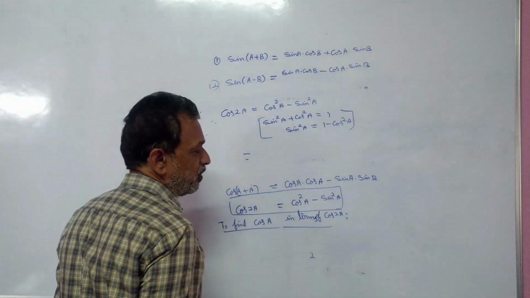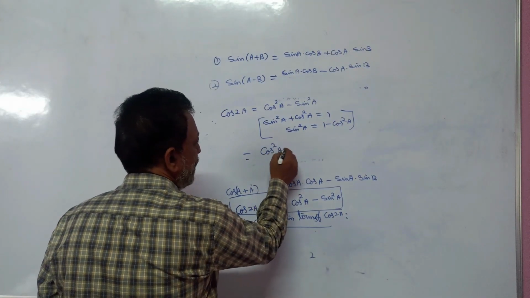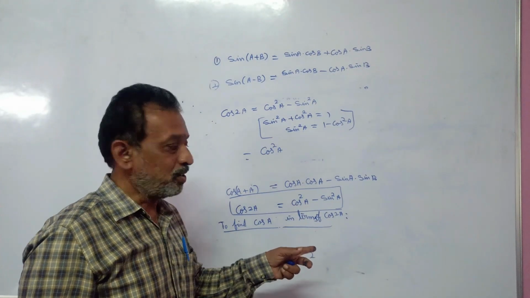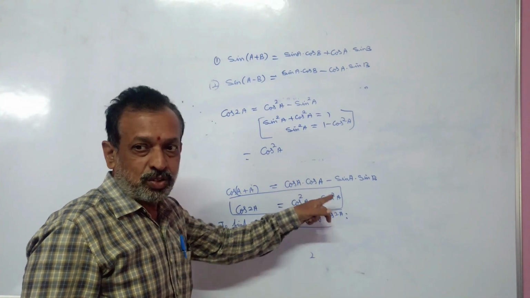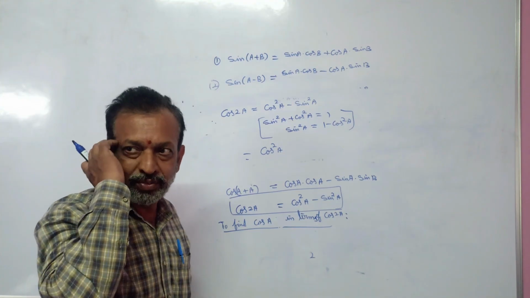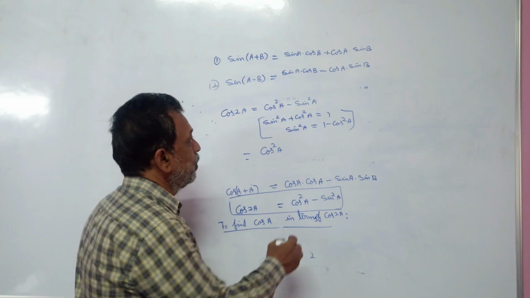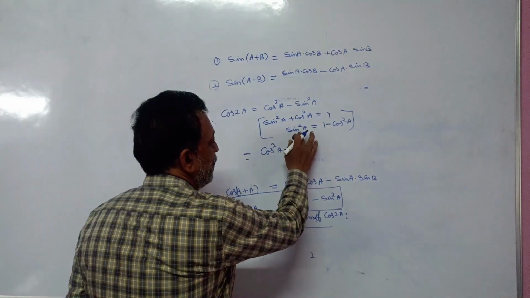Finally this is the good form. So that is cos A in terms of cos B, sin A in terms of cos B I can explain. But how we are going to get it, I am going to say a simple method. So cos square A minus of, what is sin square A?